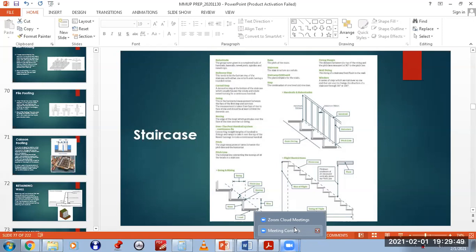Lanai. In the Philippines, they call it lanai. Do you know the English name for it? No. Have you heard of the term veranda? Ah, yes, veranda. Okay.